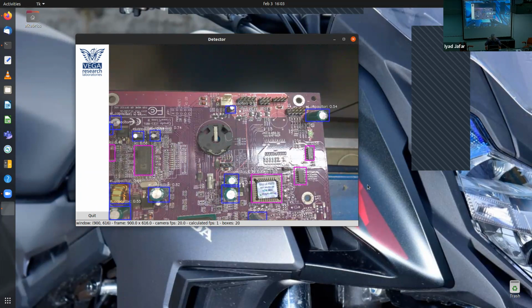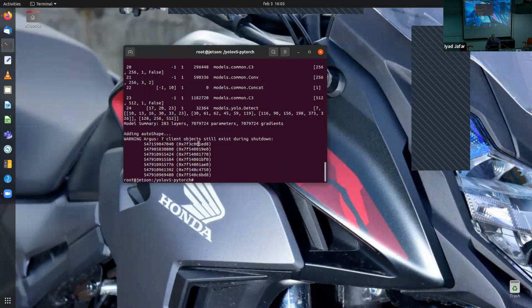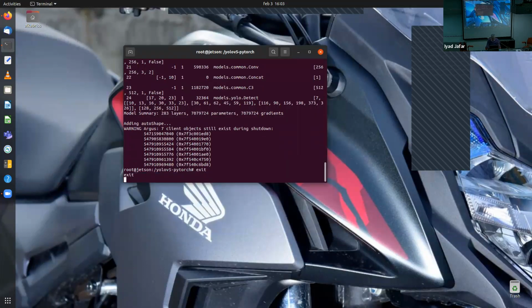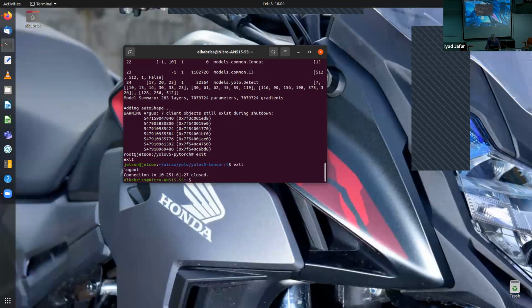small, but this is a working demo. Well, this also is working, but the other one is more interactive. So I can close this. It takes a while to transfer everything there. Okay, so let me disconnect. That's good.